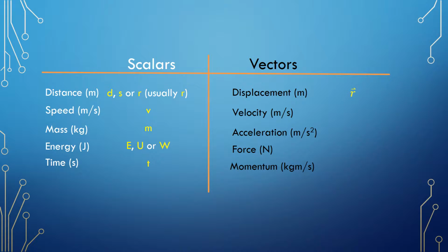For displacement, the distance's vector component, it's r with an arrow on top of it, and velocity is just speed, which is v with an arrow on top of it. Acceleration is a with an arrow on top of it. Force is a capital F with an arrow on top of it, and momentum is p with an arrow on top of it.